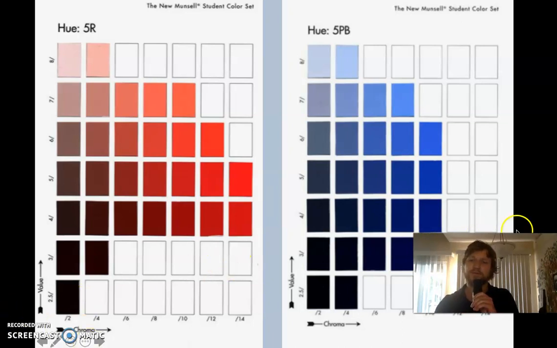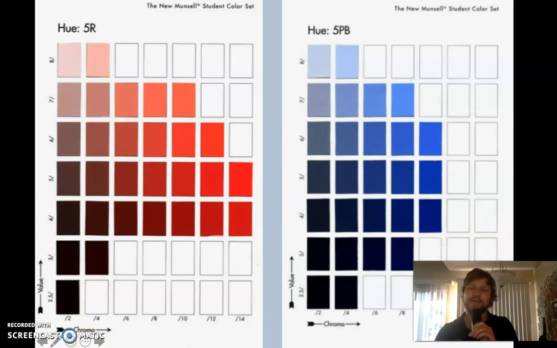And because, remember I said yellow is just more intense than blue, blue doesn't have as many steps to go. Yellow goes way out here. Blue just goes 5 steps. Red goes 7 steps, looks like. So that's the idea here. But any of these rows you look at, as you go right to left, it's getting less and less saturated. The color is losing chroma as you go left to right.